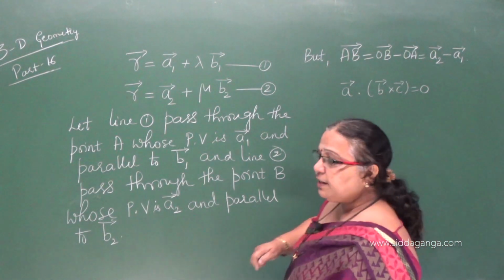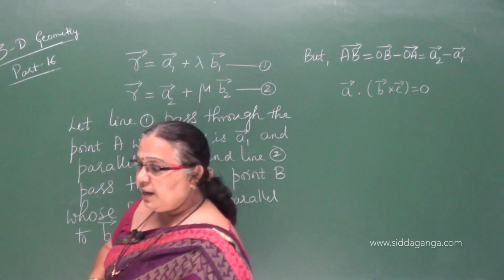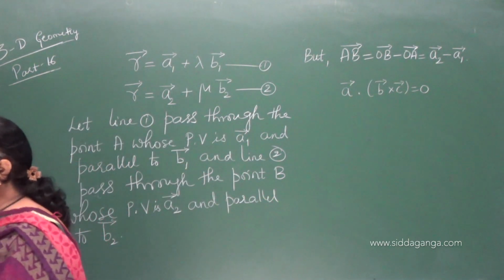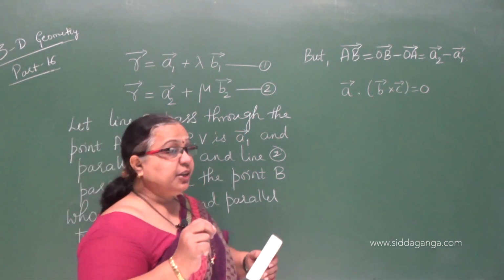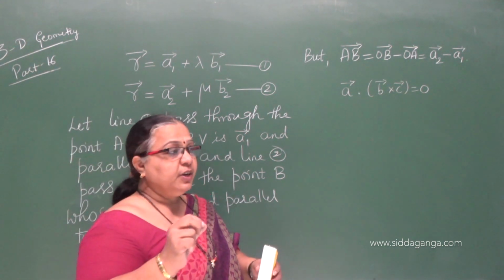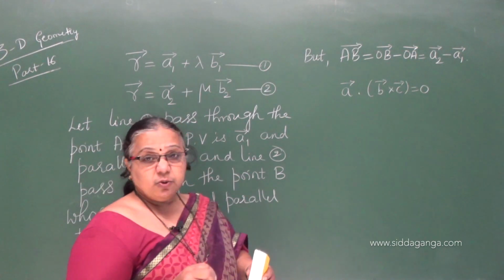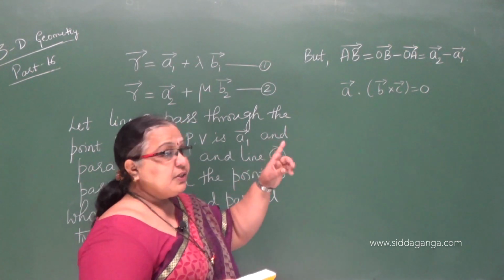So the three vectors A, B and C are said to be coplanar if their scalar triple product is equal to 0.